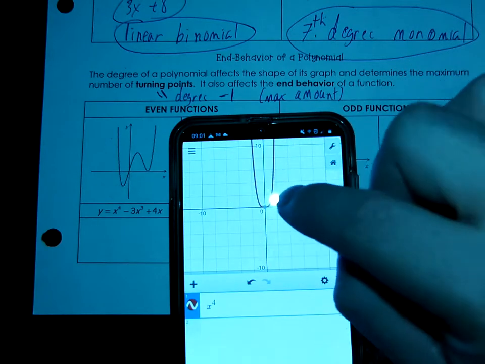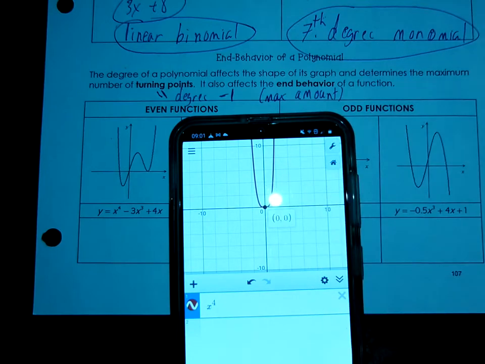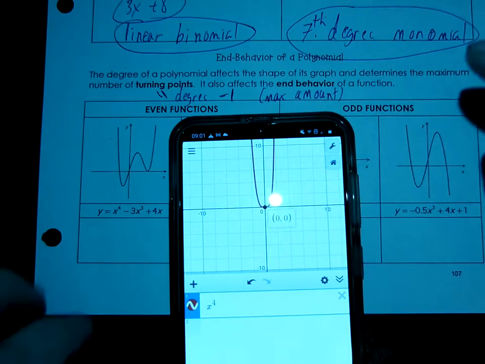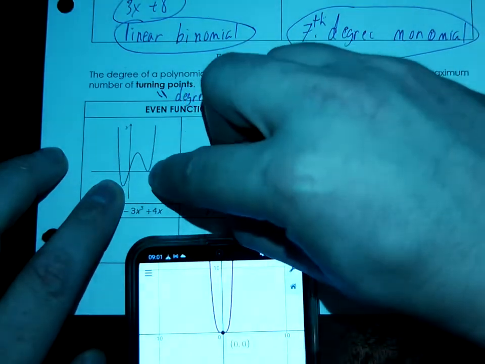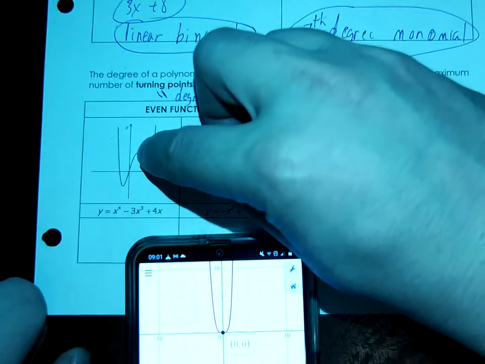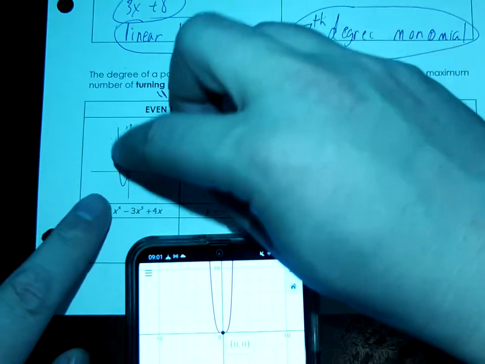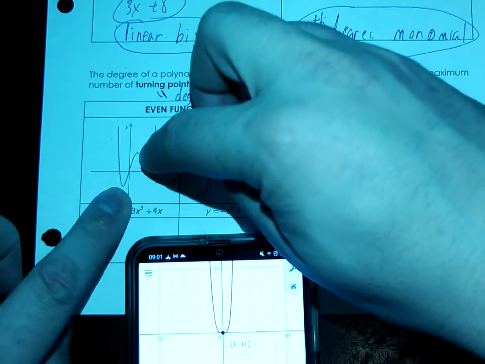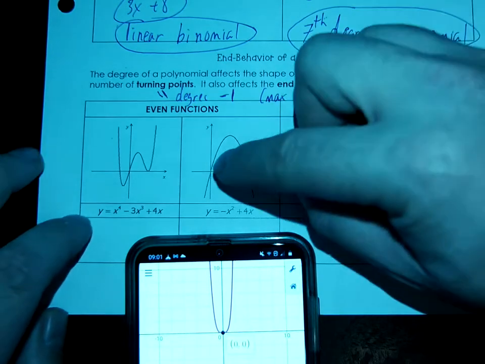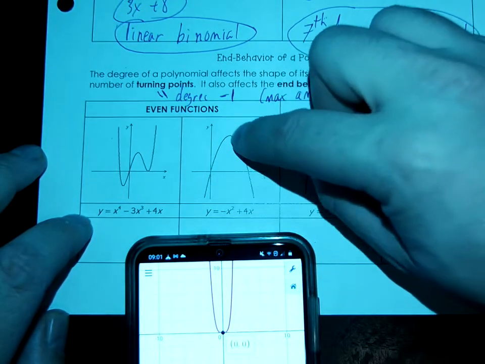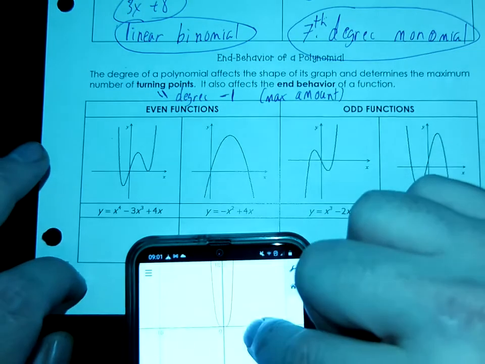It just has this turning point right here at 0, 0. But if I were to graph this one, it has 3 turning points. These 2 on the bottom, and then this one in the middle. Turning points means it has a maximum or minimum, a turn in the function. This one is x squared. It can only have a maximum of 1 turning point. That's why it only turns at the top.